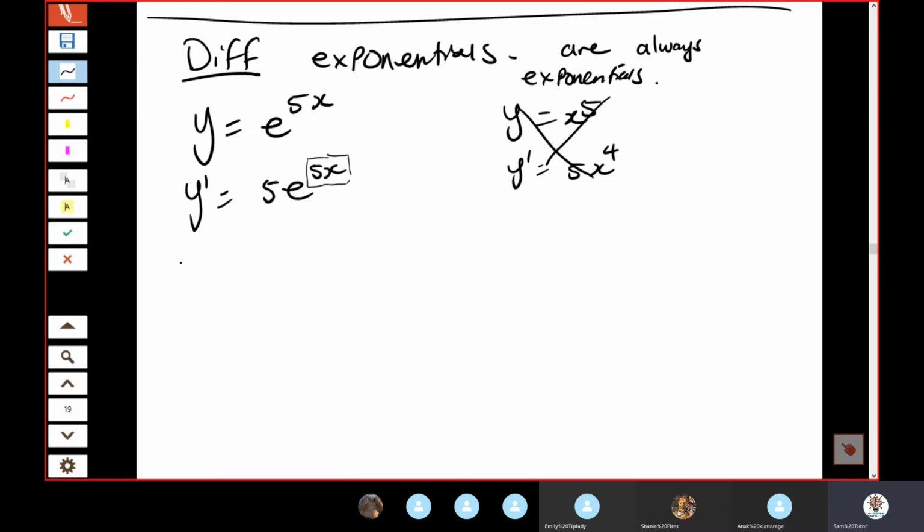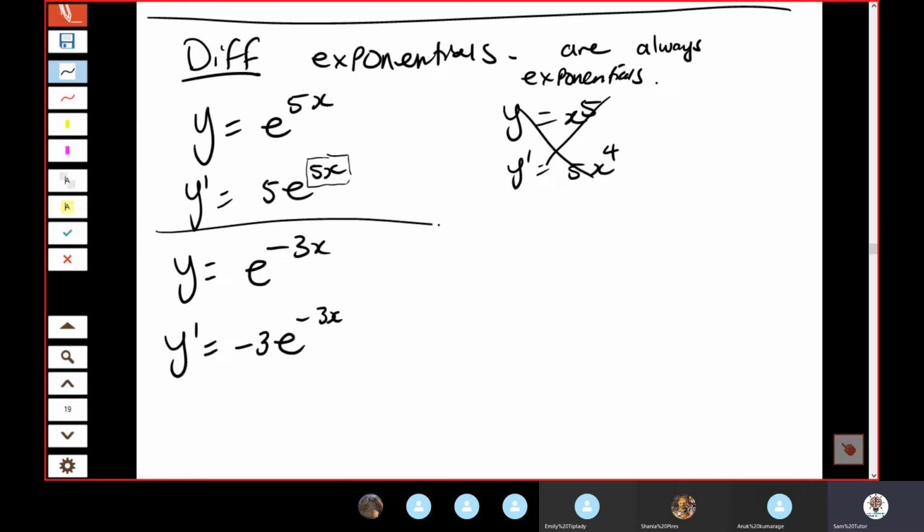So let's do a few more. Y equals, I don't know, e to the negative 3x. So then y dash is e to the negative 3x. You differentiate the negative 3x, which is negative 3, and then it becomes negative 3 e to the negative 3x. All right, a few more.